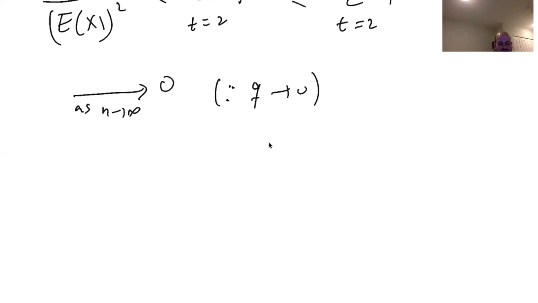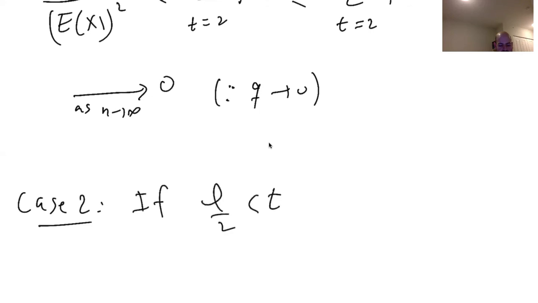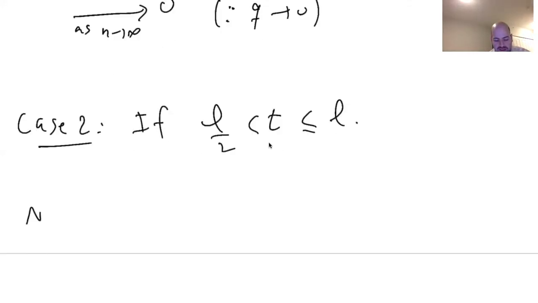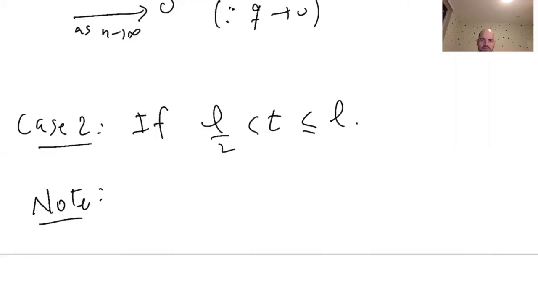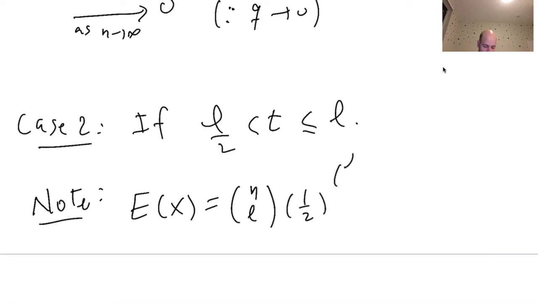Now case 2, if t is between L over 2 and L. Now how can we bound the sum in this case? In this case, note that E of X, which is n choose L times 1/2 to the power L choose 2, we had this formula for E of X from the previous theorem, and we also used it once during the proof of this theorem.